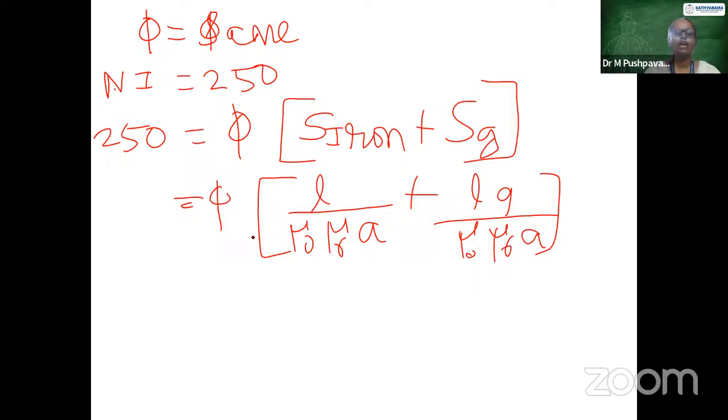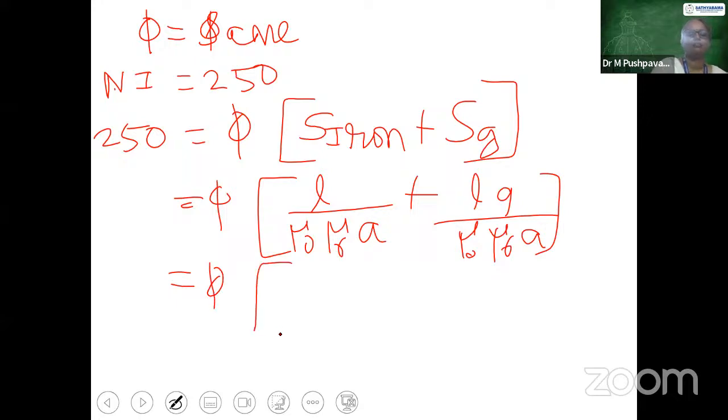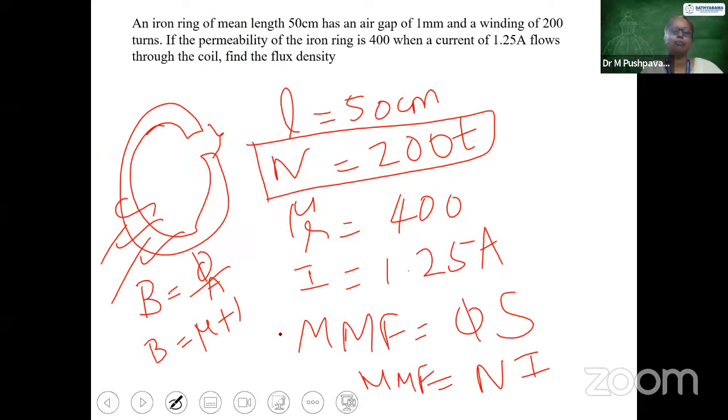Okay. Now you substitute all the values and find out flux into L, the length of the air gap. So you see, the iron ring has a mean length of 50 centimeter, with an air gap of 1 mm and a winding of 200 turns.